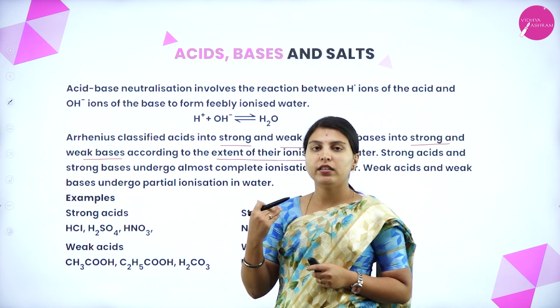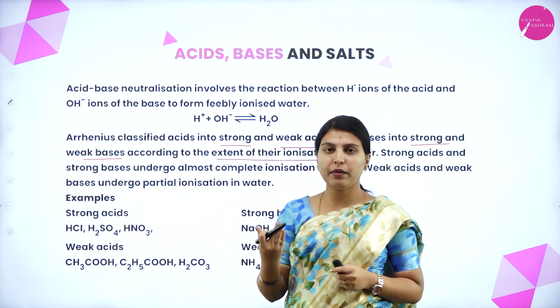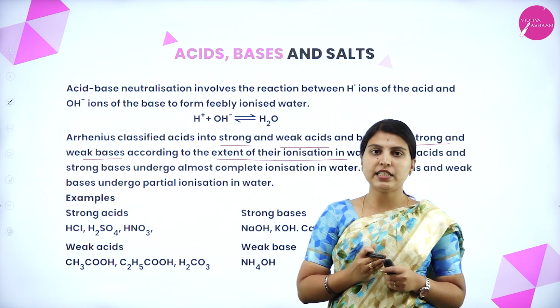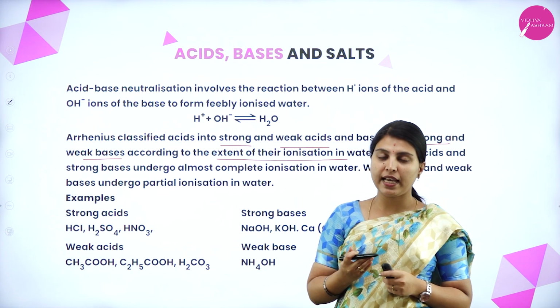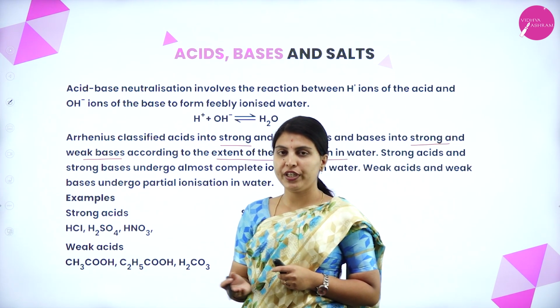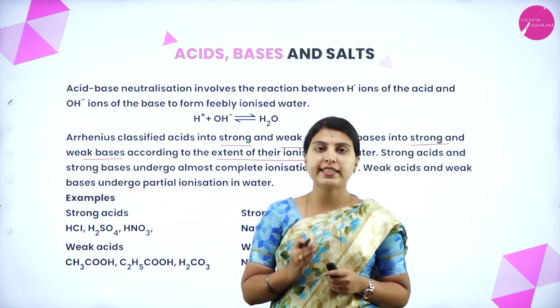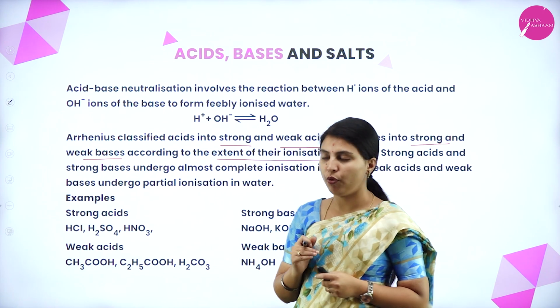After telling about acids and bases, Arrhenius classified acids as strong acids and weak acids, and also bases as strong bases and weak bases, based on the extent of ionization in water.